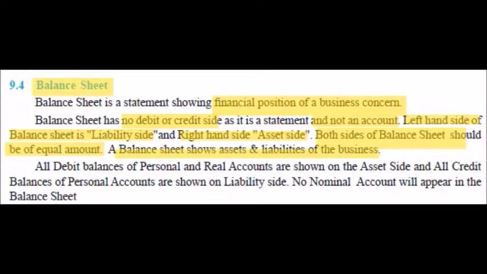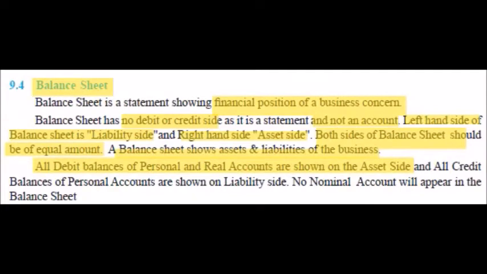So all debit balances of personal and real accounts are shown on the asset side. Actually, while making a trading account and a P&L account, we use the left side as the debit and the right side as the credit.